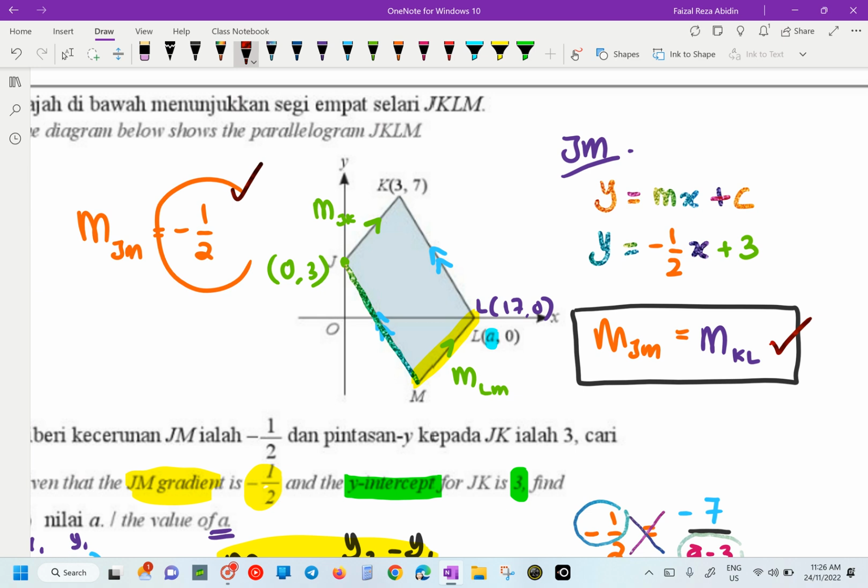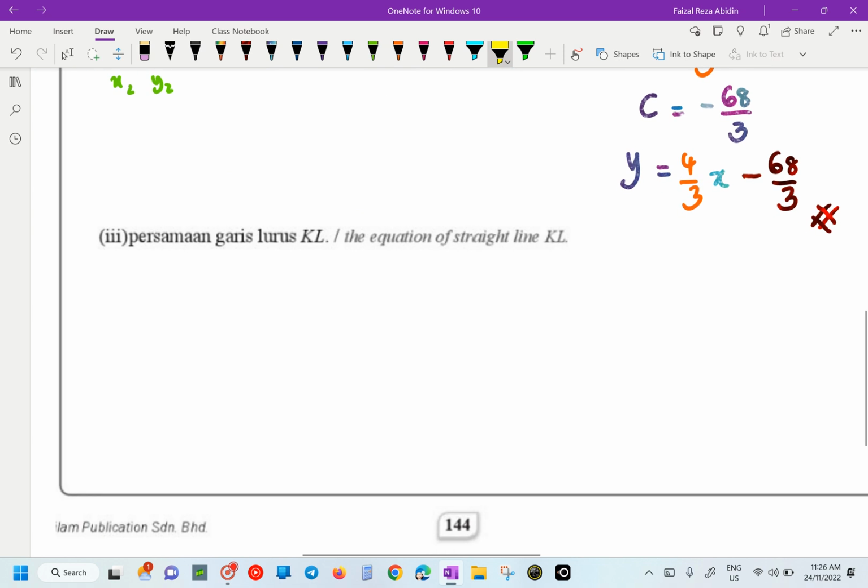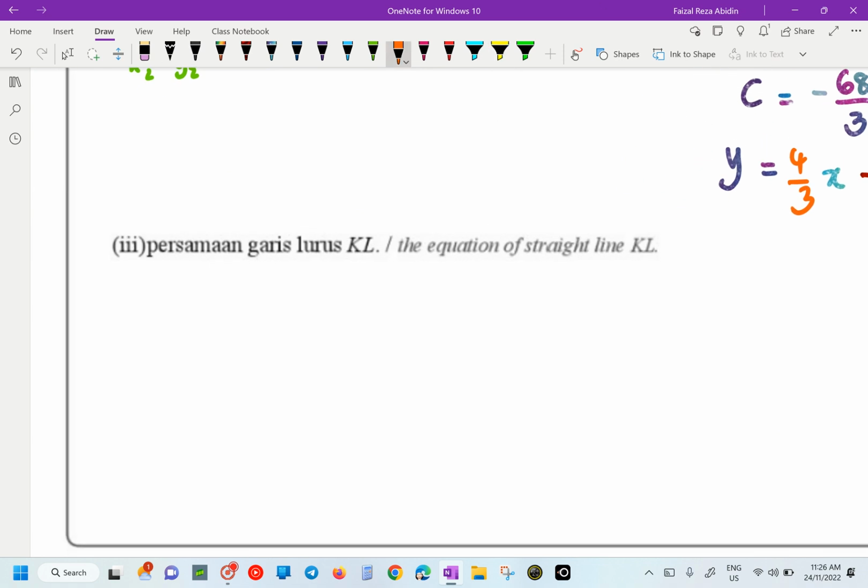So means that you are going to use either the L or the K coordinate there. We use K, K is 3, 7. Our gradient just now for KL is negative 1 over 2. Then y equals mx plus c.